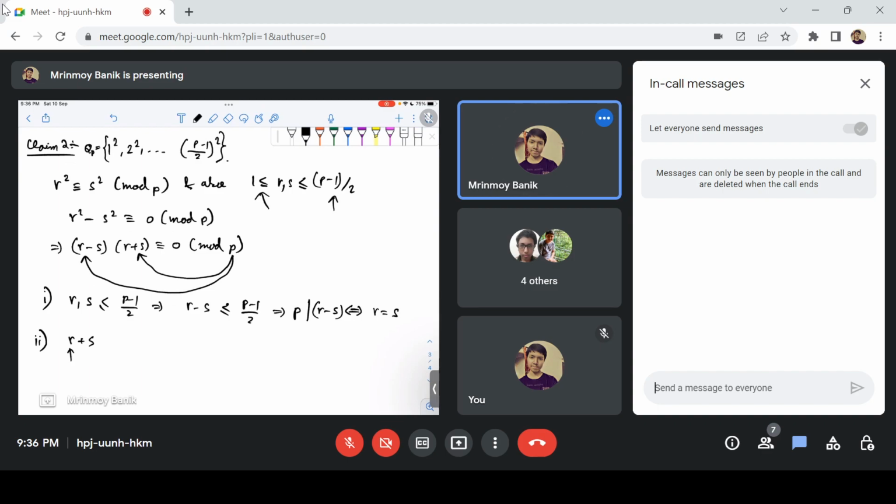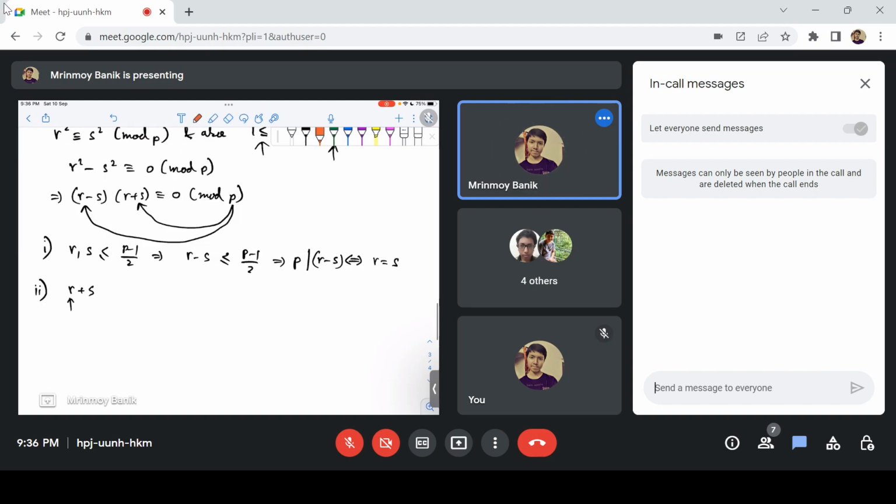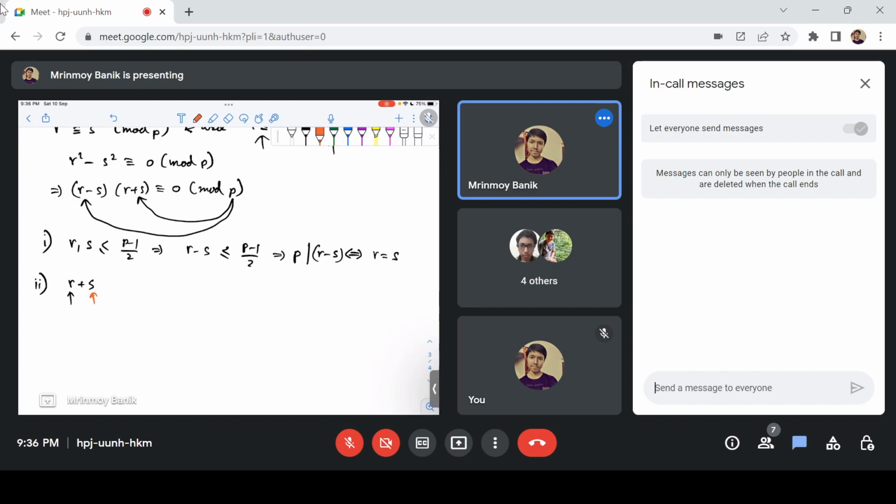So if we add the two inequalities, we have r in between 1 and p minus 1 by 2. Similarly, s is in between 1 and p minus 1 by 2. Add them up. We have r plus s in between 2 and p minus 1.